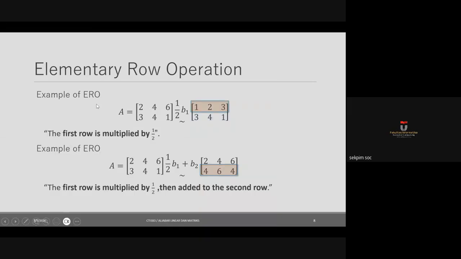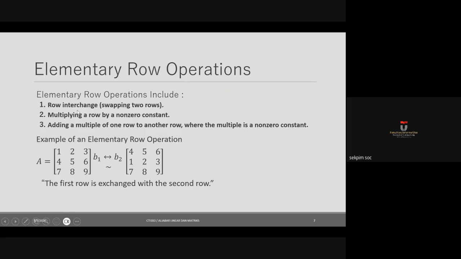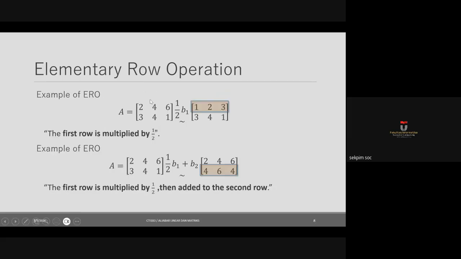And next is the example of how to do the second row operation, which is multiplying a row in the matrix by a non-zero constant. Suppose that you have this kind of matrix. This is a different matrix from the previous one. The size of the matrix is just 2 by 3.